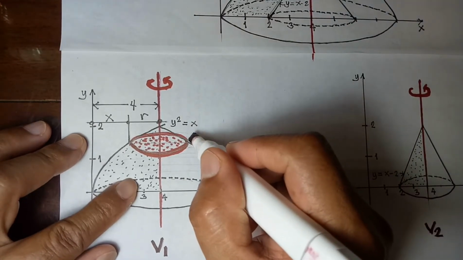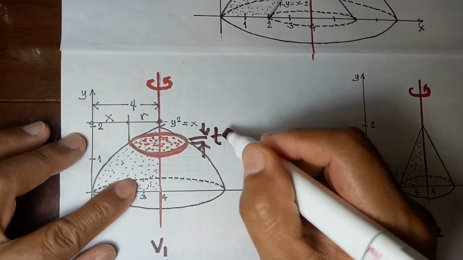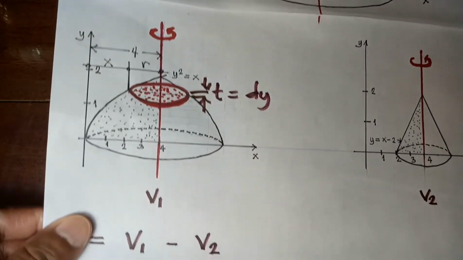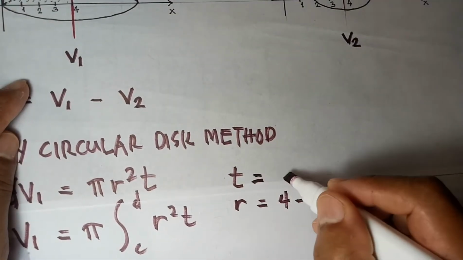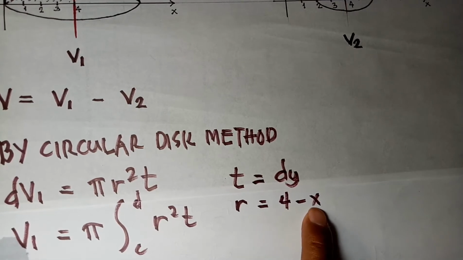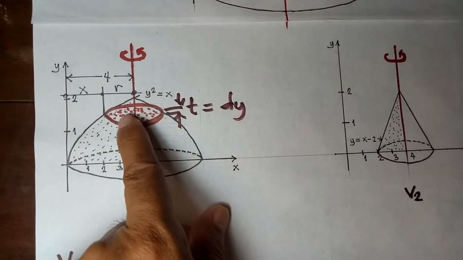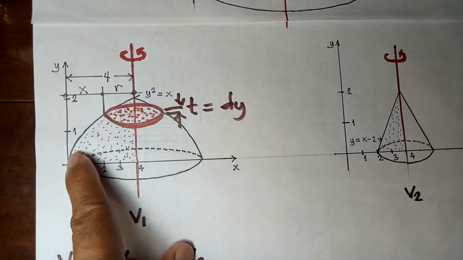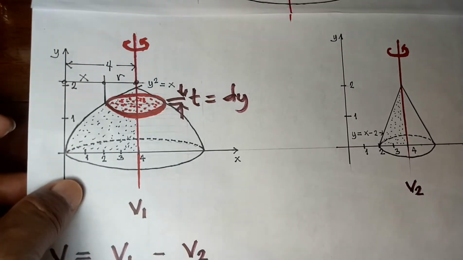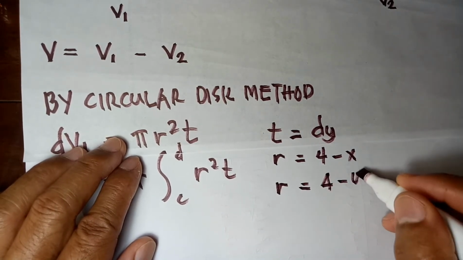Since the disc is perpendicular to the y-axis, the thickness is equal to dy. Because we have the differential dy, our variable of integration should be in terms of y. So this x must be replaced in terms of y. Going back to the figure, the graph that defines x is y squared equals x, so x equals y squared. Our radius is 4 minus y squared.